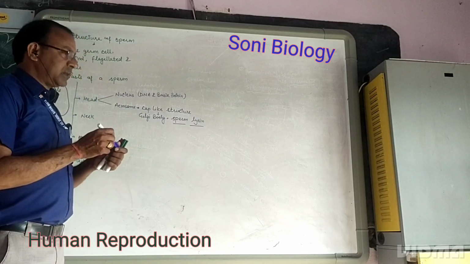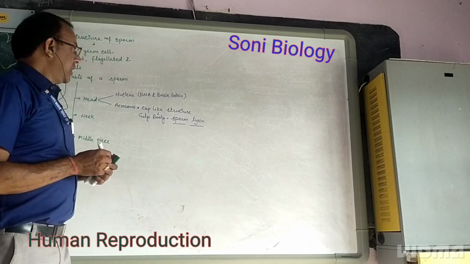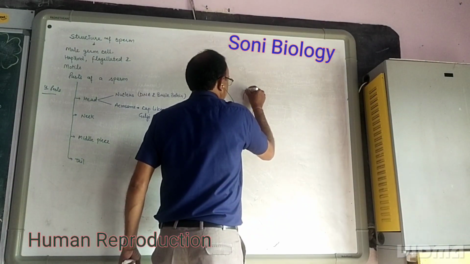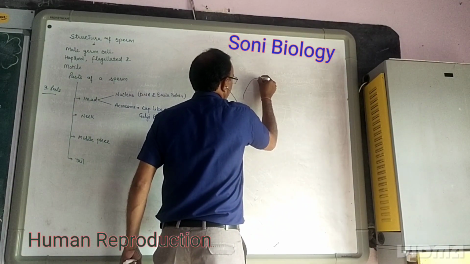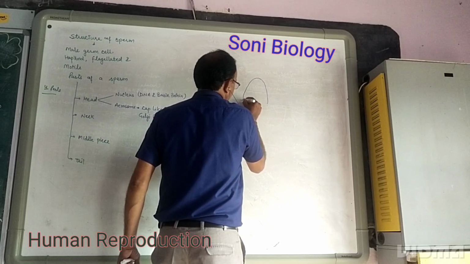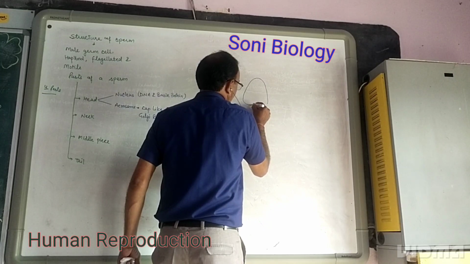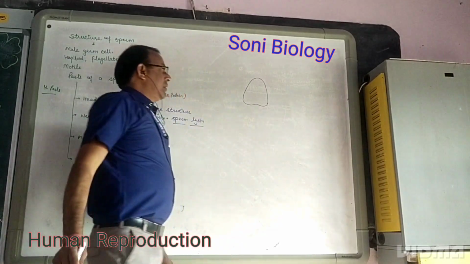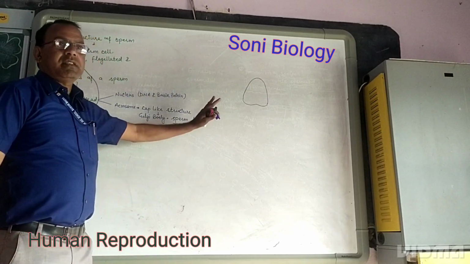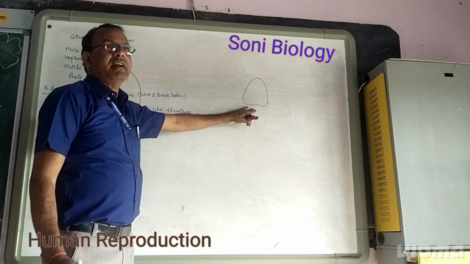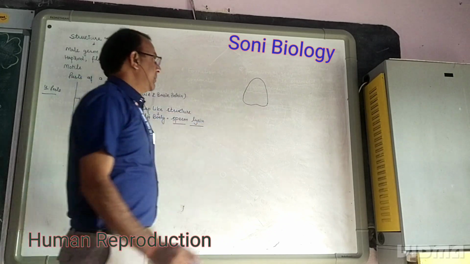How is the structure of a sperm? A sperm has a nucleus which is pointed towards the upper side, and on the lower side it shows a small depression.